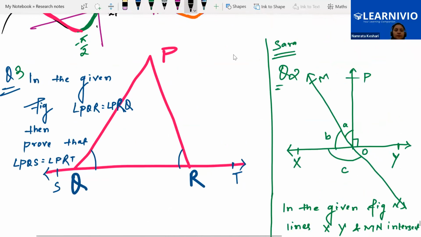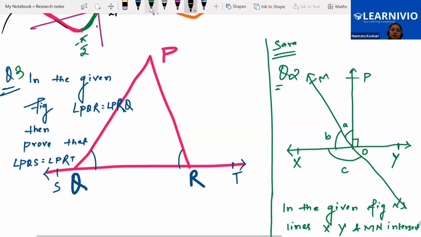Are you able to prove for question number 3 that angle PQS is equal to angle PRT? No, ma'am. Okay, let's do it.